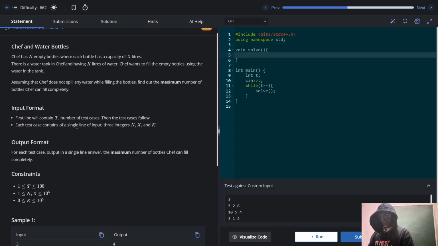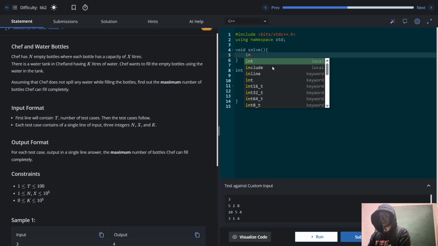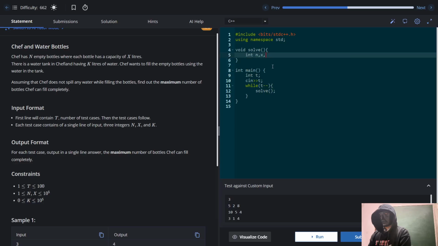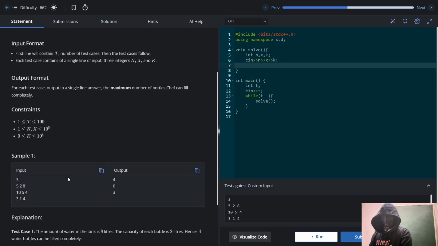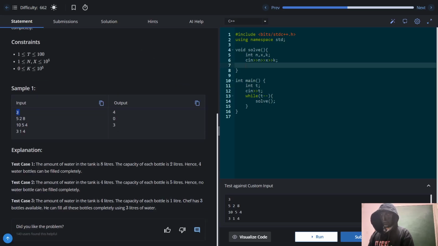Each test case consists of a single line of input, three integers n, x and k, and those are all integers, so I'm taking int. Let me take their values from input.